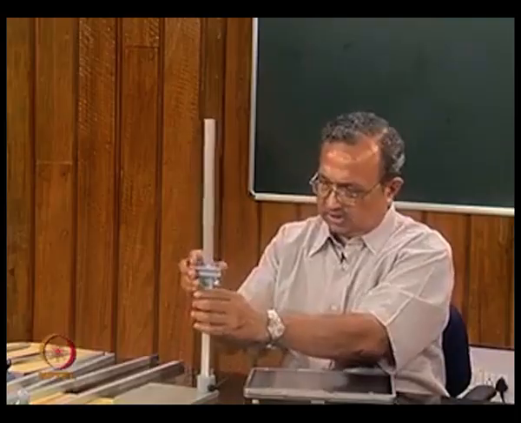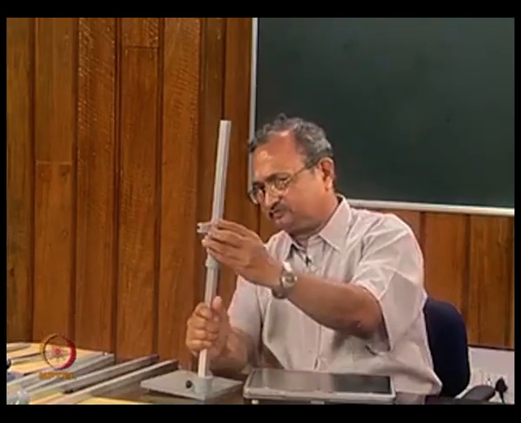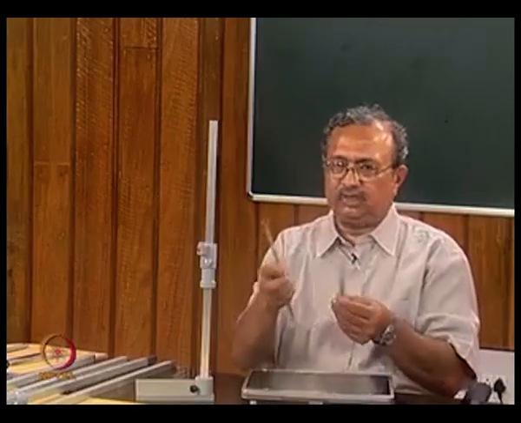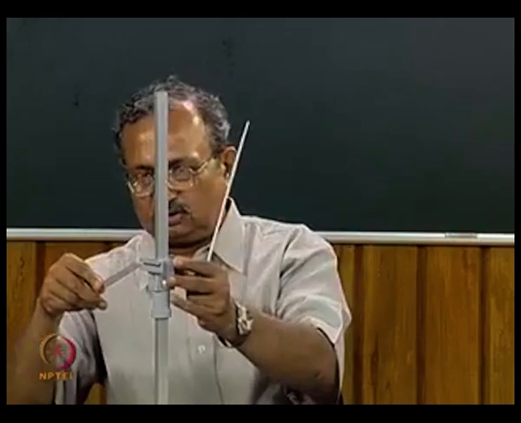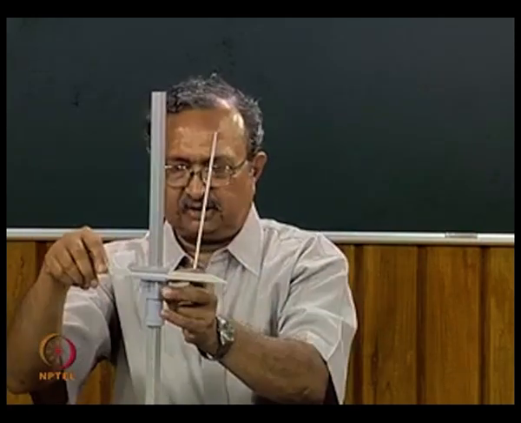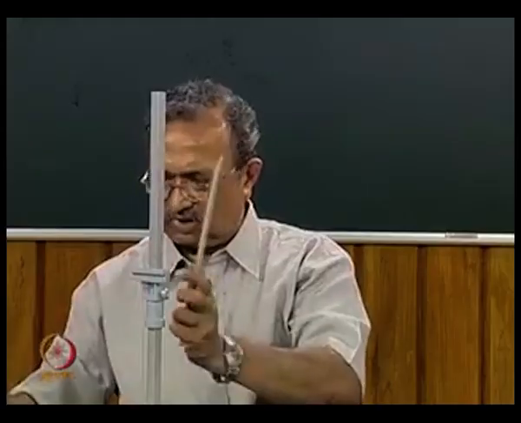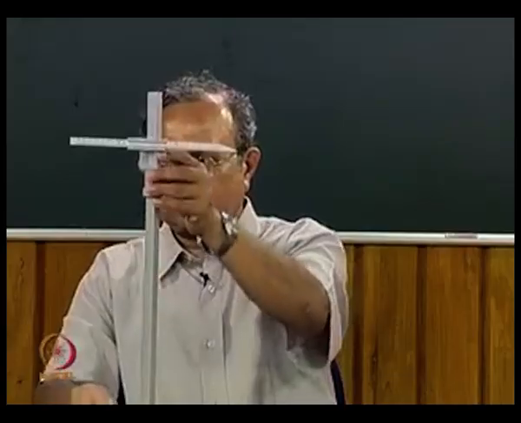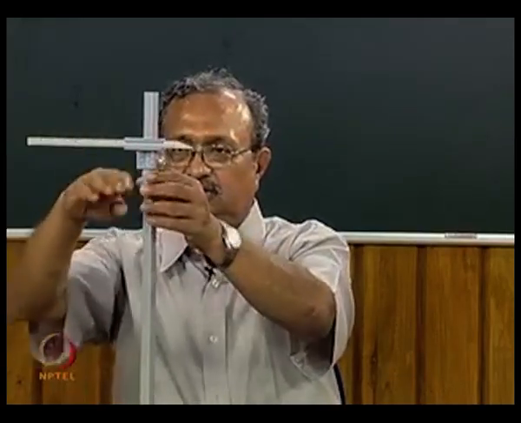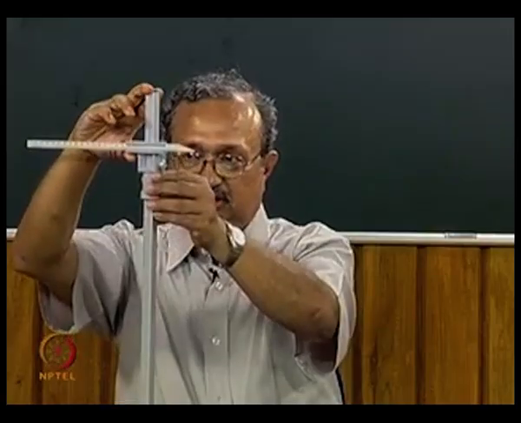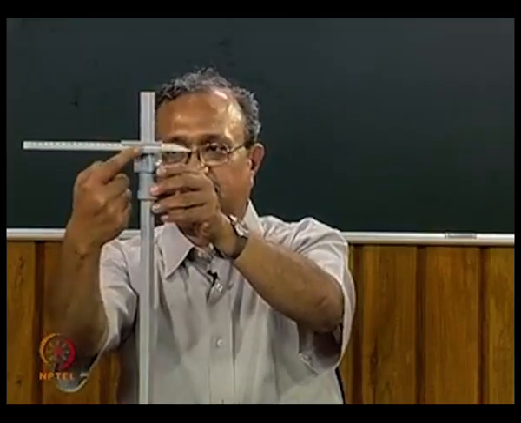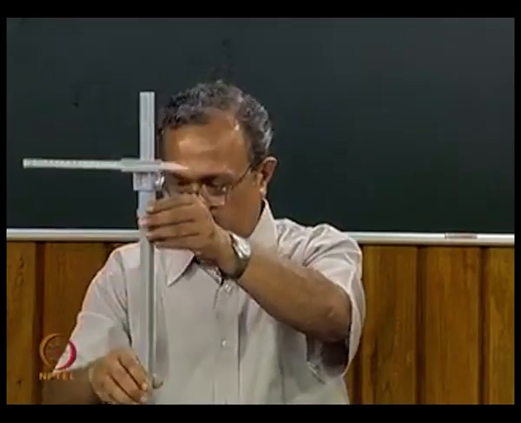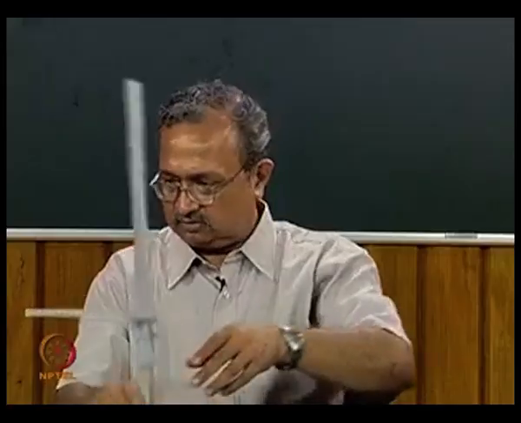Now, each rod has 2 branches. Suppose this is the total height, and if a person stands here, then we can fix it to the simple height, and after reading here, we can get the total dimension.